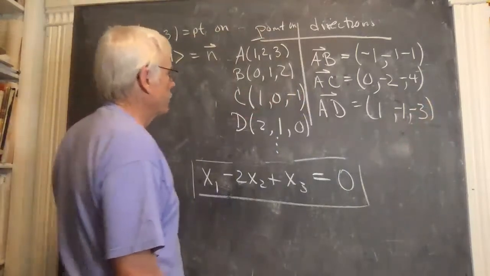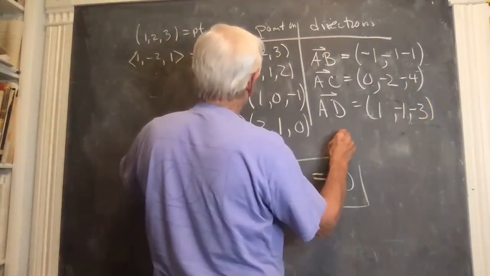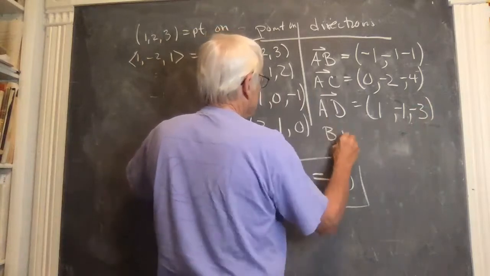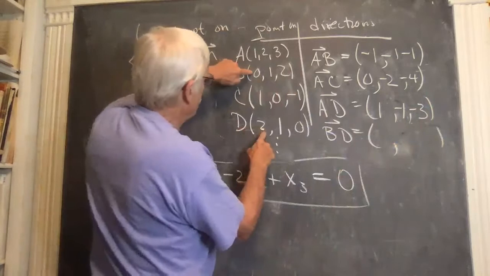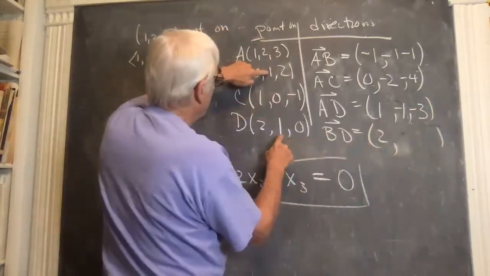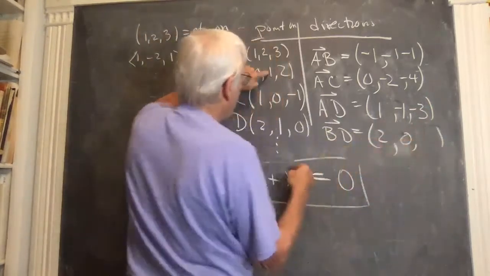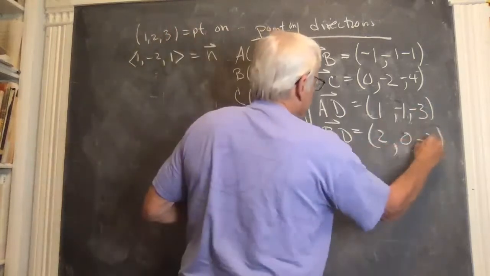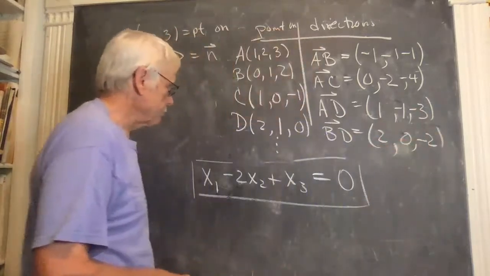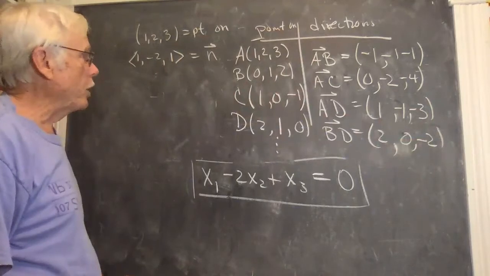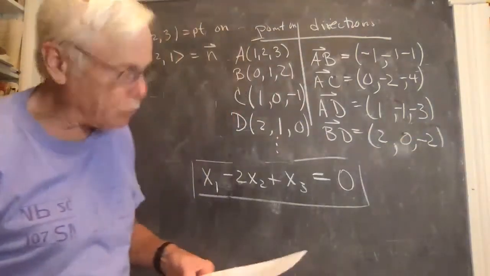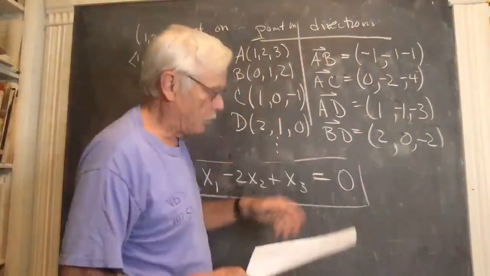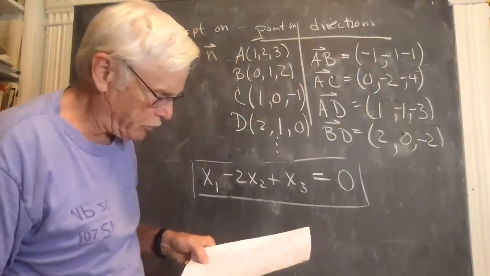And we can find another one. I don't know. How about BD? So using these two, 2 minus 0, 1 minus 1, 0 minus 2. So here are a bunch of points and a bunch of directions that are on this plane. And this little pattern here, this table, will allow us to get any of the equations.